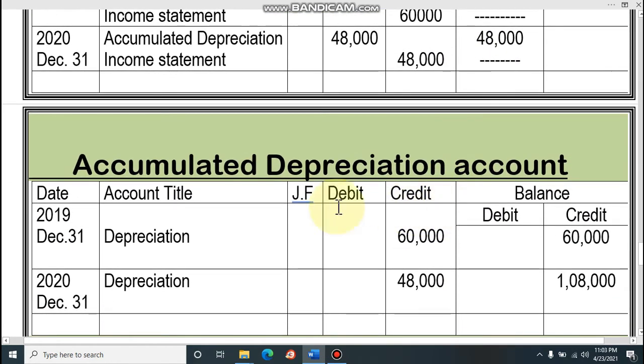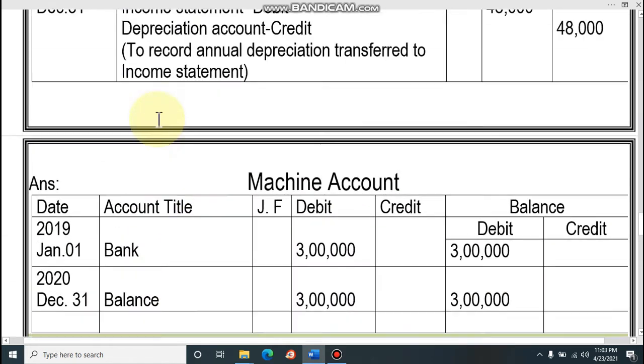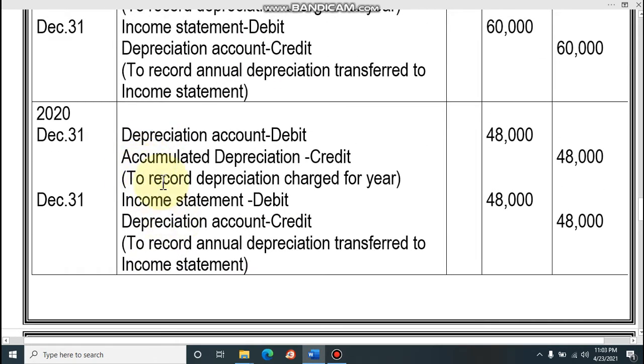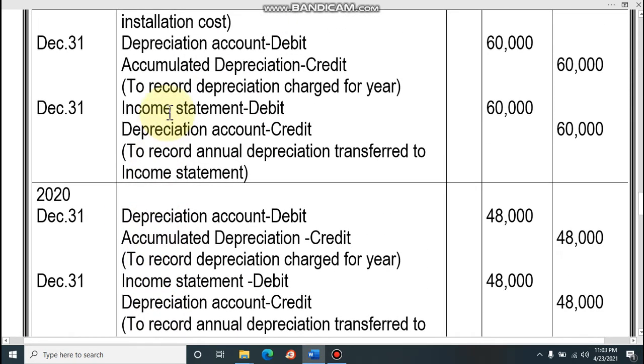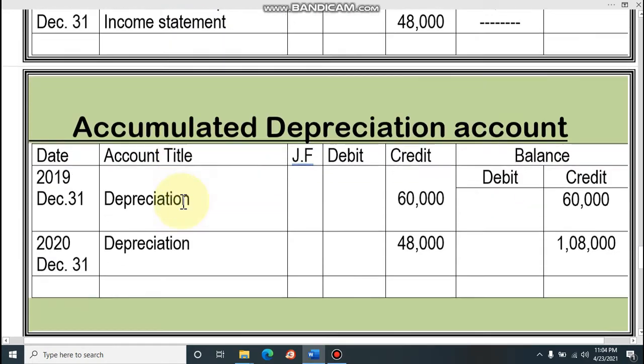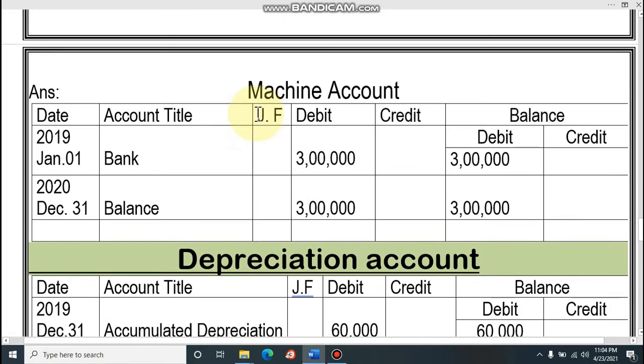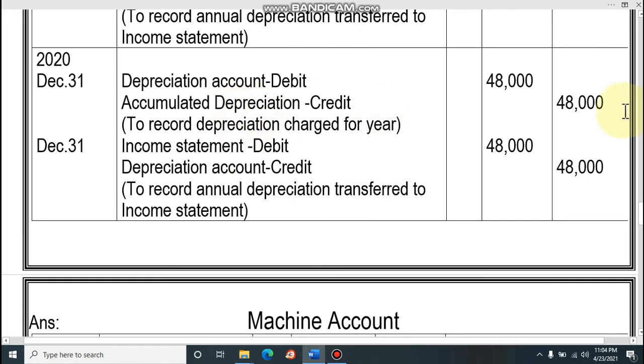So dear student, our last account is the accumulated depreciation account. How will we do it? The opposite account is depreciation. Look at the journal: there is only one accumulated depreciation entry each year. So in accumulated depreciation we will record the depreciation account, and it is a credit balance, because in the journal accumulated depreciation is on the credit side.